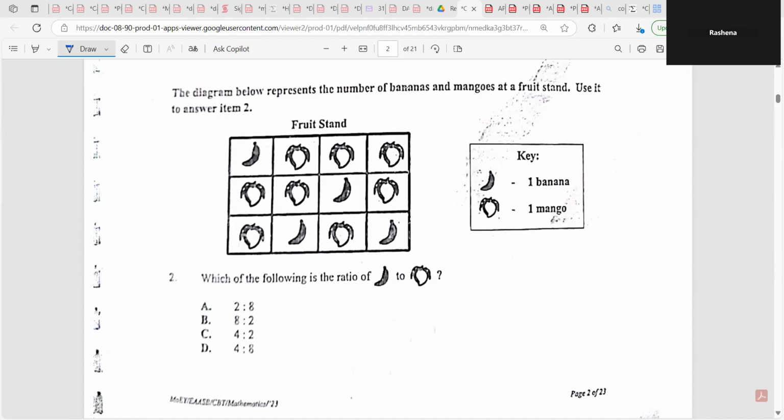So I first counted it, and since it said bananas to mangoes, I counted bananas first, which is 1, 2, 3, 4.